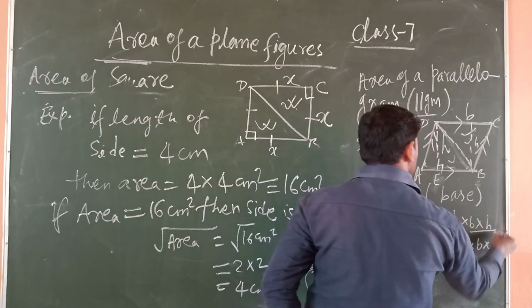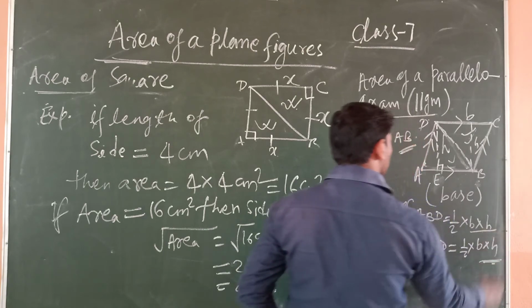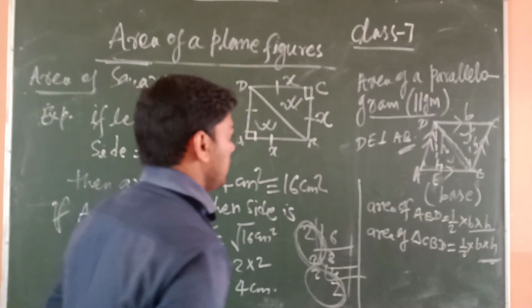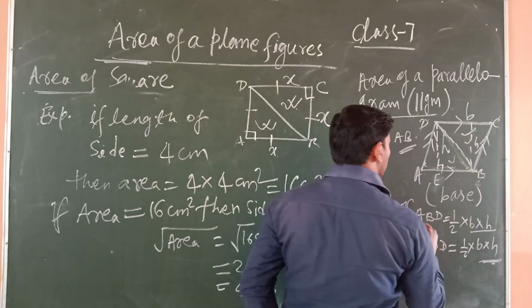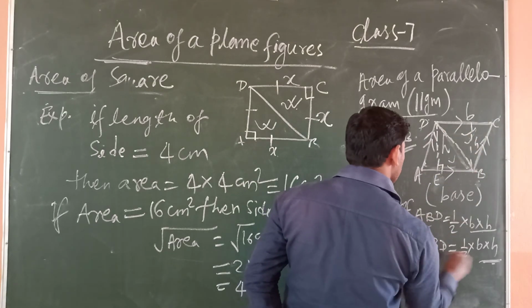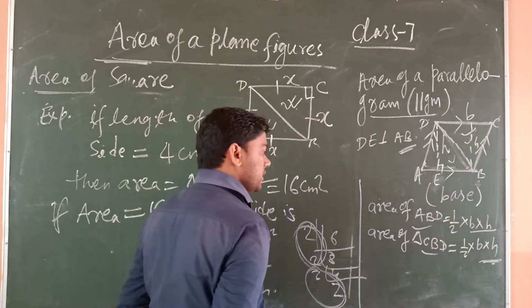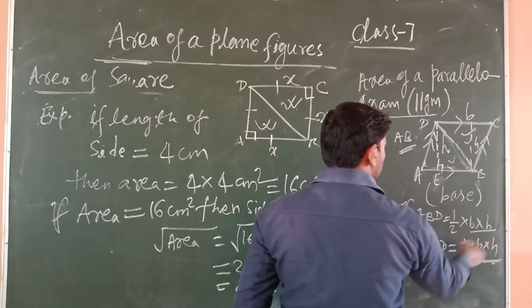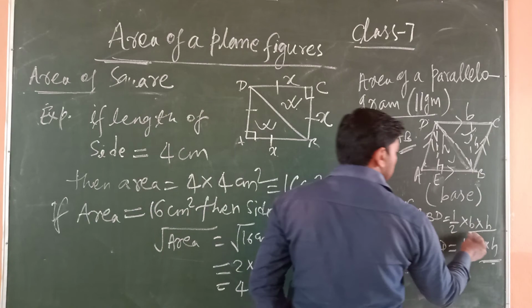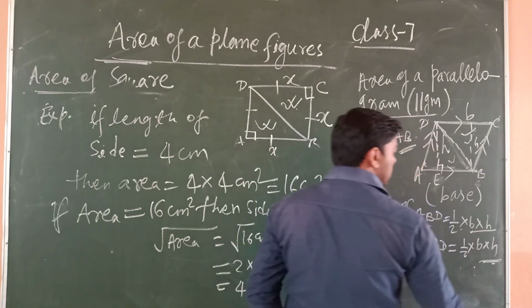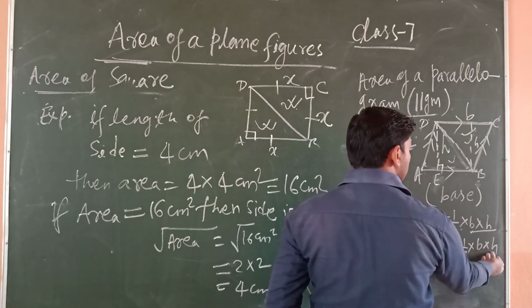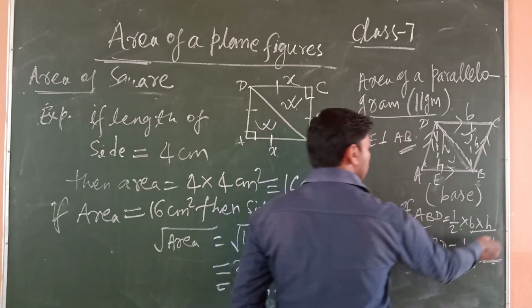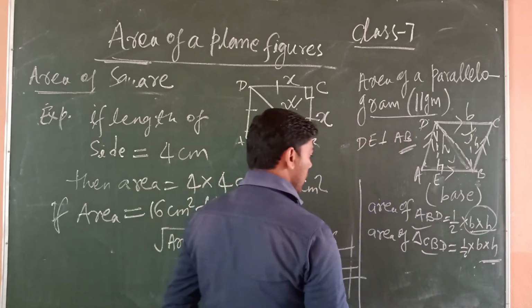So both figures have equal areas. So for finding the area of the parallelogram, we add the area of triangle ABD and area of triangle CBD. Both are equal, so half of base and height plus half of base and height is equal to only base into height.